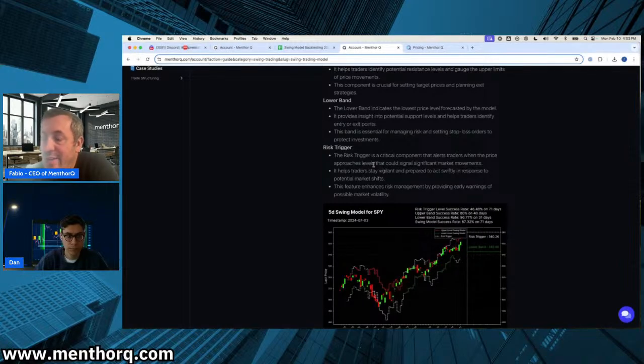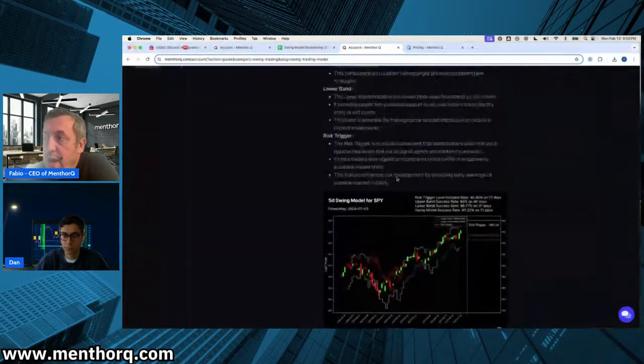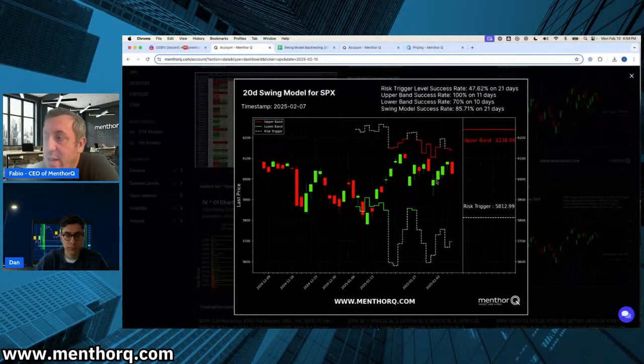which highlights a level that could act as a volatility level. For example, if we are close to the risk trigger, it could act as support or resistance, but it could also act as a very strong inflection point. The reason is that we are looking at potentially forecasting the direction.